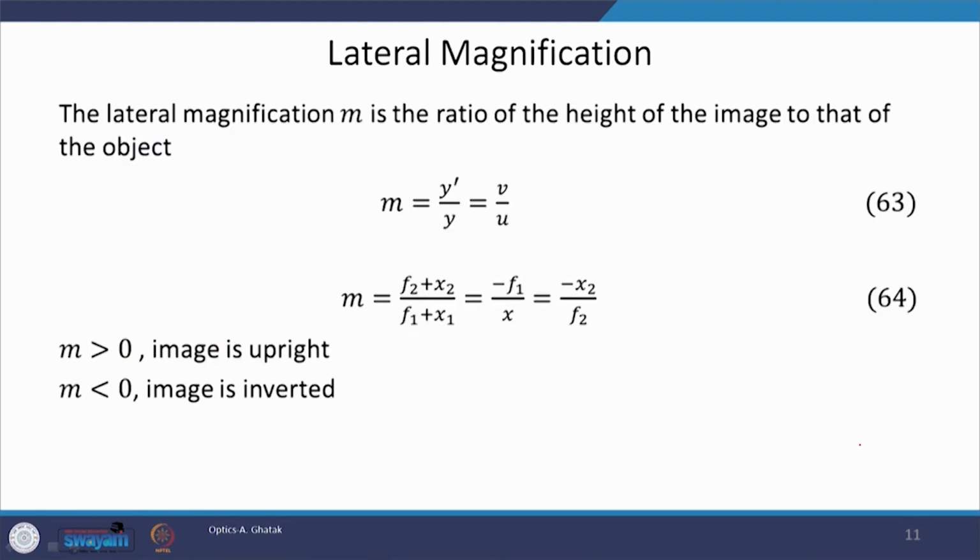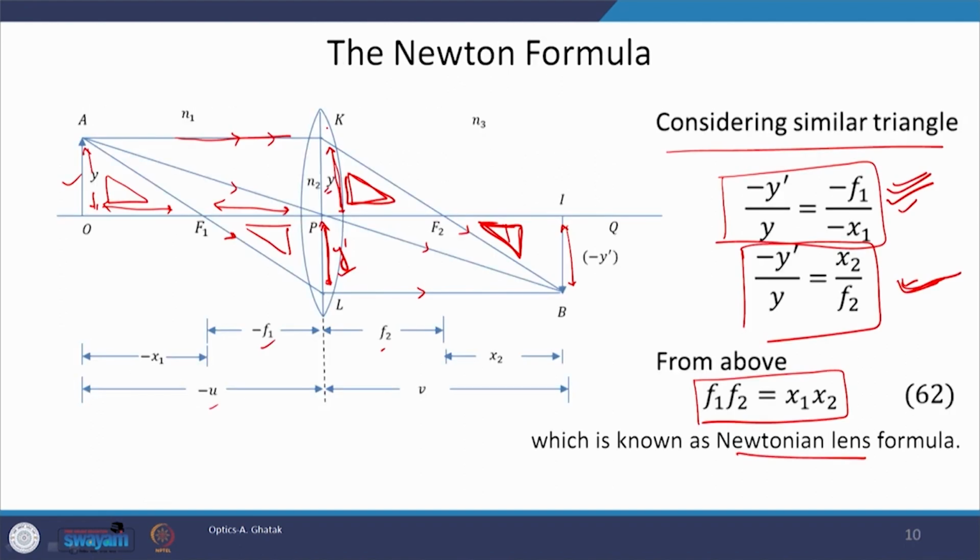Now, once these things are known, there is one more important definition which is left, which is called lateral magnification. Till here we have talked about the distance of object from the lens, distance of image from the lens, distance of object from the first focal point, distance of image from the second focal point, and so forth. But we did not talk about the relation between height of object and height of image.